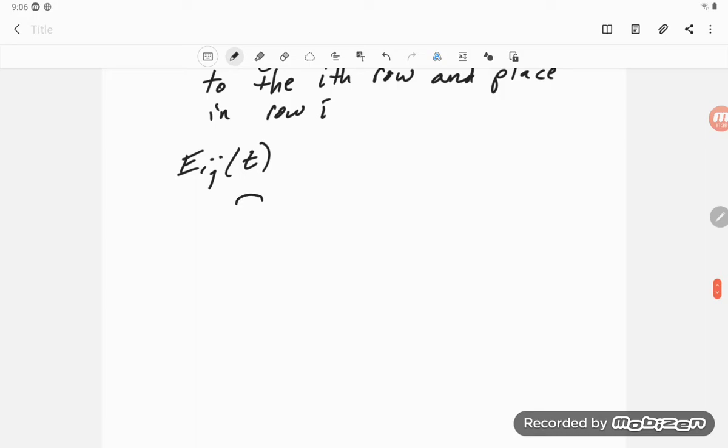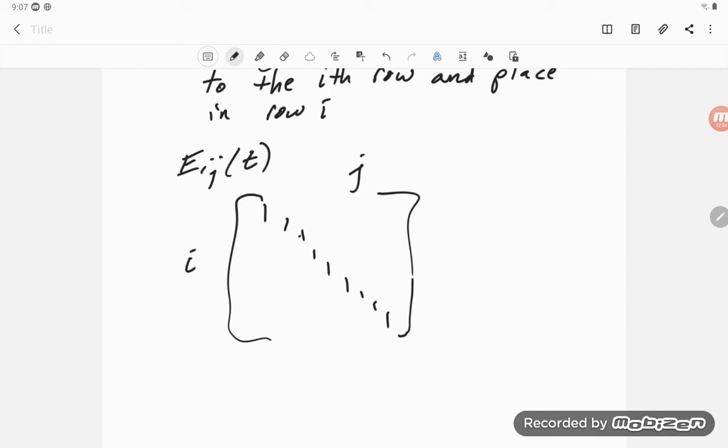What we do there, again, so here's row I, and otherwise you have the identity coming down. Here at row I, you still have the identity, and so this thing is just the identity down like that. But then the jth column, you come over with that jth column, go to the ith row. So we're in this row, that column, and we put our t right there.